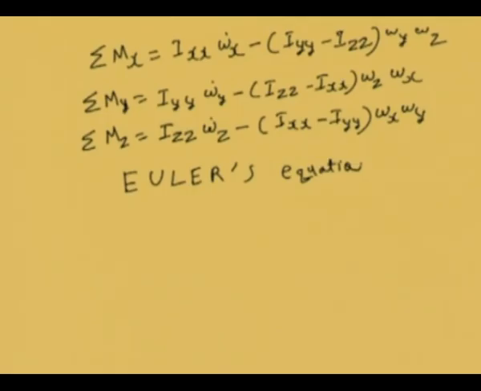Number 2 condition is that the XYZ reference frame is fixed on the body and is directed along the principal axes at that reference point. Otherwise, we would have got complicated expressions.